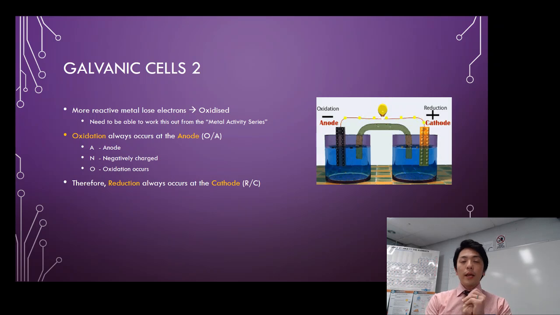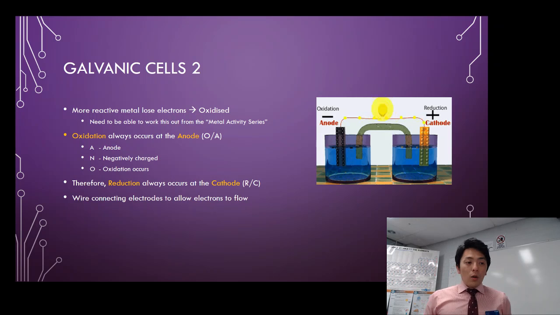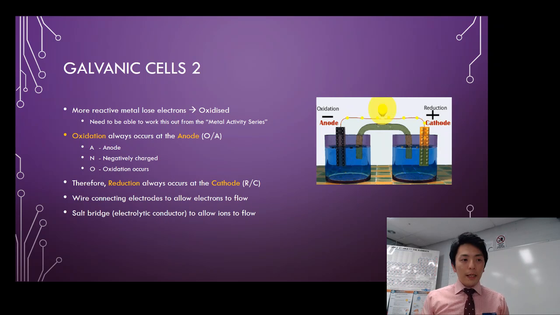Now, cathode is also where cations go as well. Anode is where anions get attracted to as well. Okay. So that's something also for you to note down. The wire connecting electrodes allows the electrons to pass through. And the salt bridge is an electrolytic conductor.